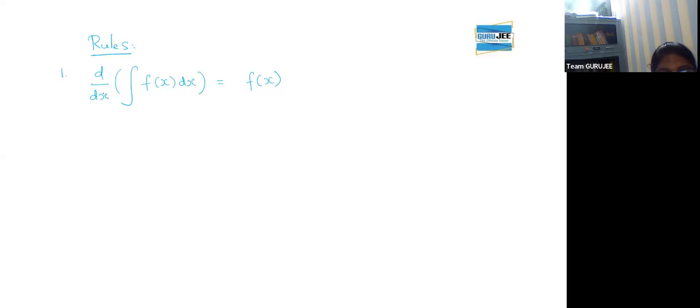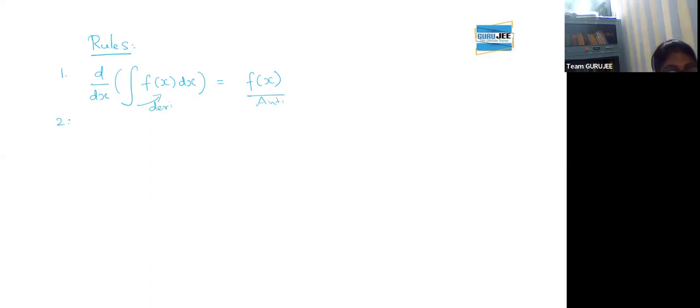D by dx of, within bracket I am having integration, which means the derivative will be inside. We are directly integrating the derivative. After integrating the derivative, the result will be the antiderivative.